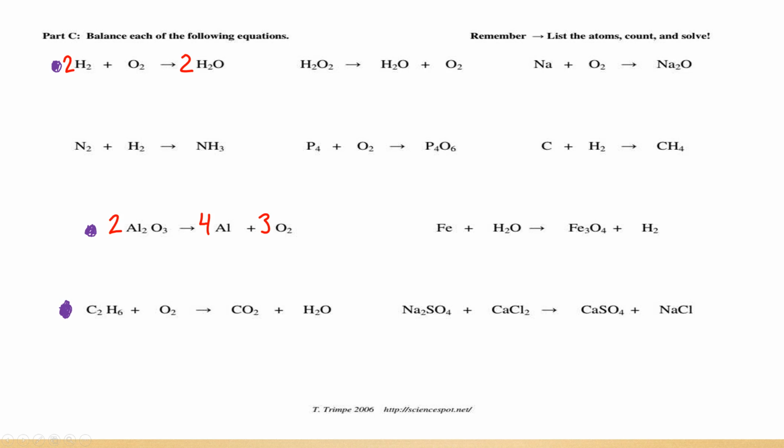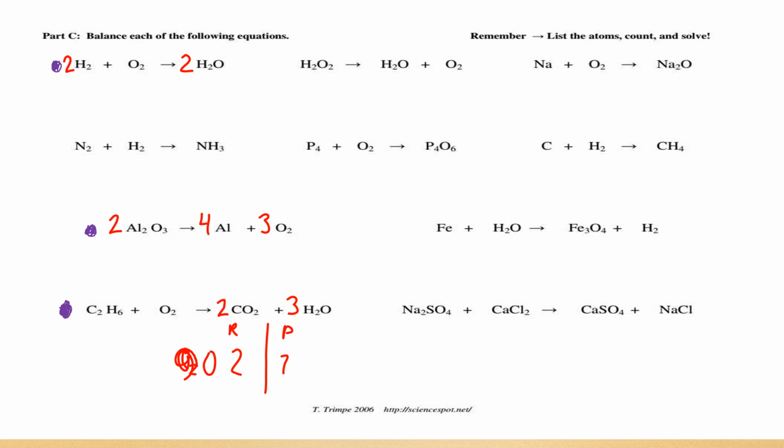So if we start here and just try to balance it as it is, and I'm just going to show oxygen here, I end up with 2 oxygens on my reactant side, and on my product side I end up with 4 plus 3, I end up with 7.